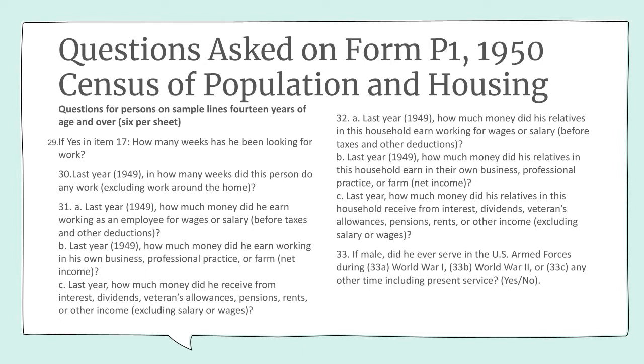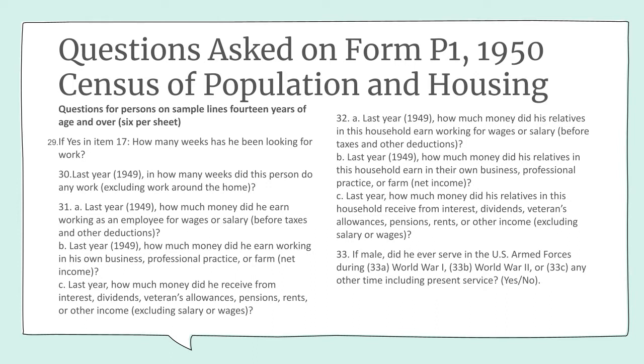In 1949, how much money did he earn working in his own business, professional practice, or farm? Last year, how much money did he receive from interest, dividends, veterans allowances, pensions, rents, or other income, excluding salary or wages?